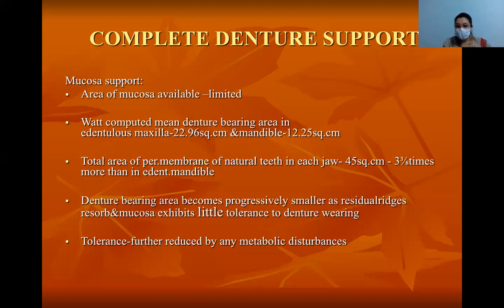That is, the total area of support in a dentate state is much more than that in an edentulous state due to the periodontal membrane. The denture bearing area becomes progressively smaller as residual ridges resolve, and the mucosa exhibits little tolerance to the denture bearing. Tolerance can further be reduced by any metabolic disturbances also.